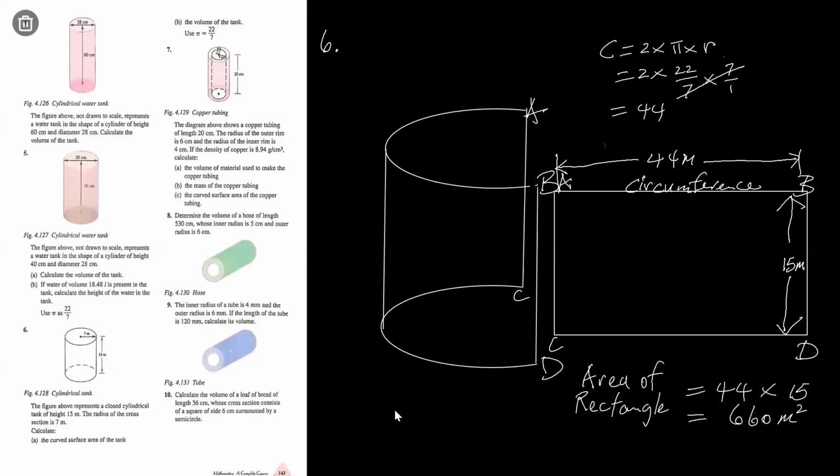All right. So the final question was the volume of the tank. What would be the volume of the tank, people? Everybody, it'll be pi r squared times the height. How much is that? So it will be 22/7 times 7 squared times 15.